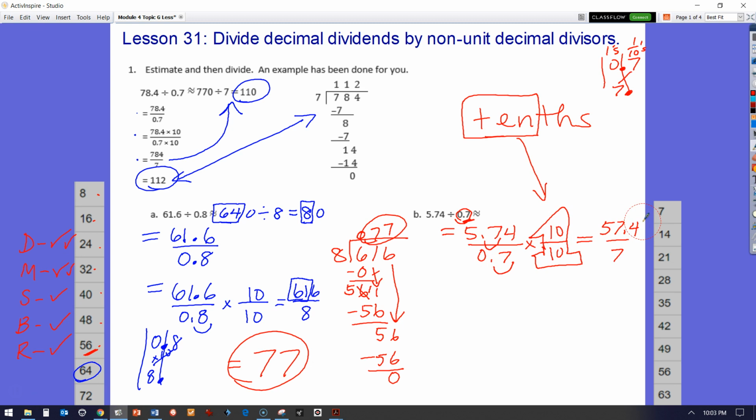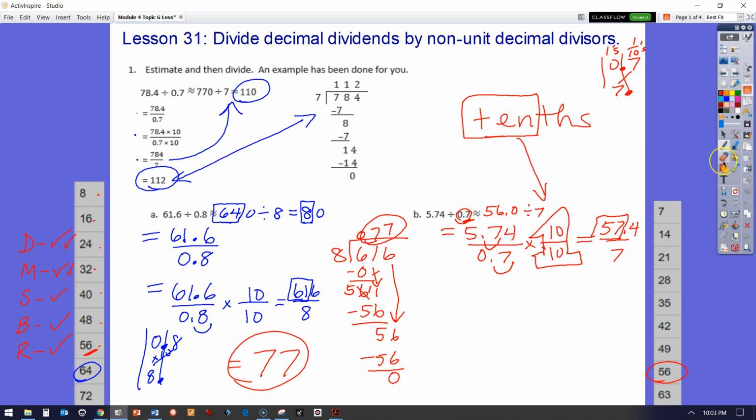So now let's look at our 57 here. I say, well, what number is 57 close to on my multiples of 7? Hopefully you said 56. So I know that this is going to be around, I'm estimating 56 and 0 tenths divided by 7.